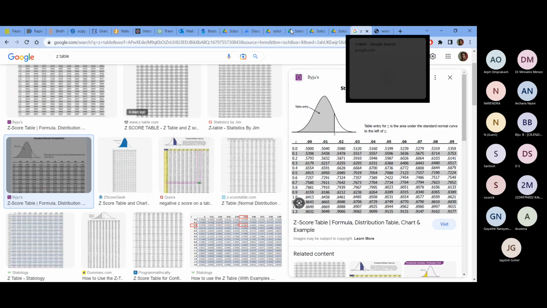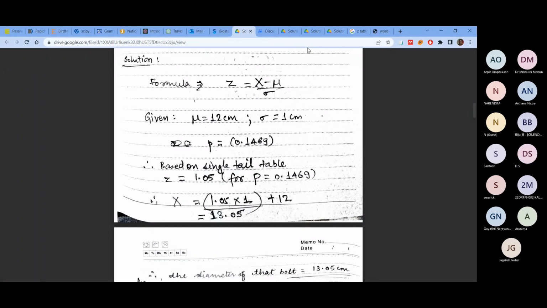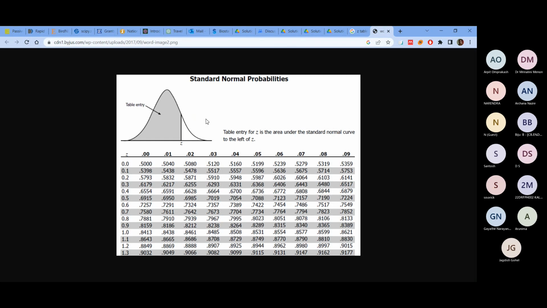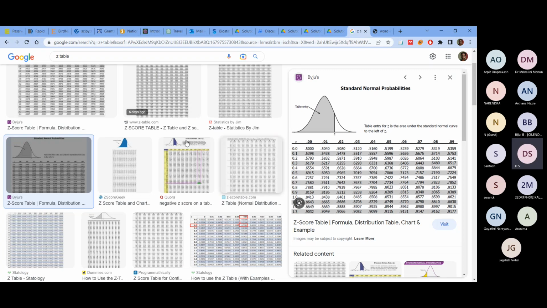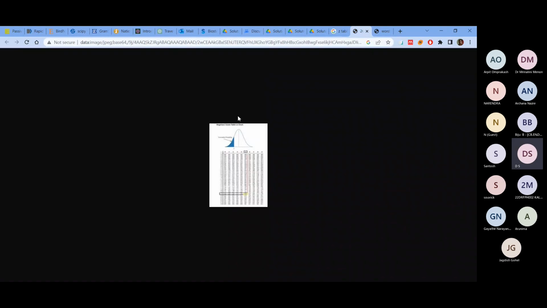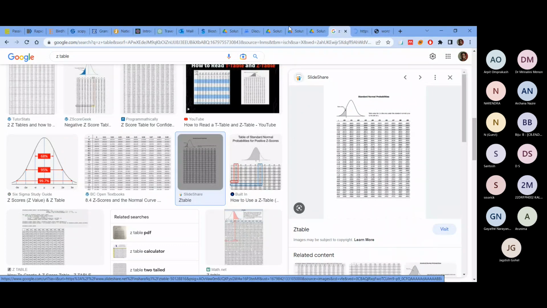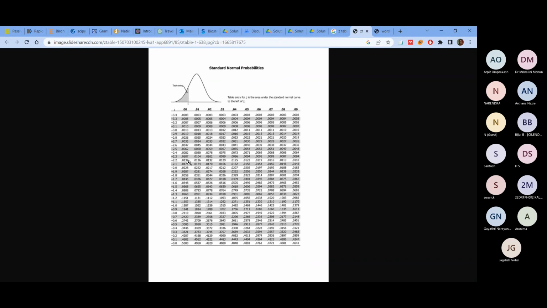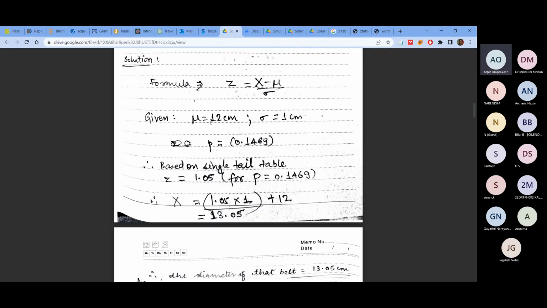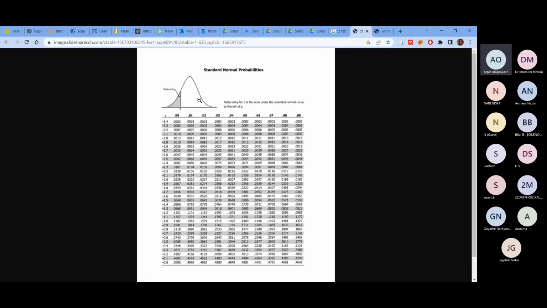0.1469. So here you can see at 95% confidence interval, that is 0.05.